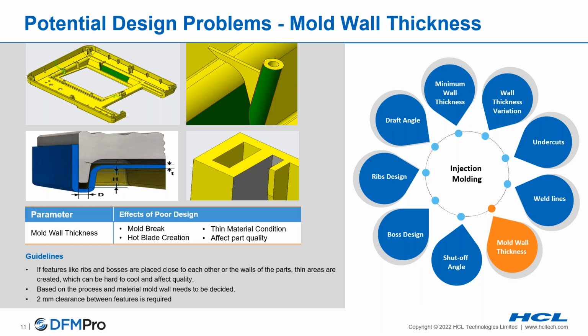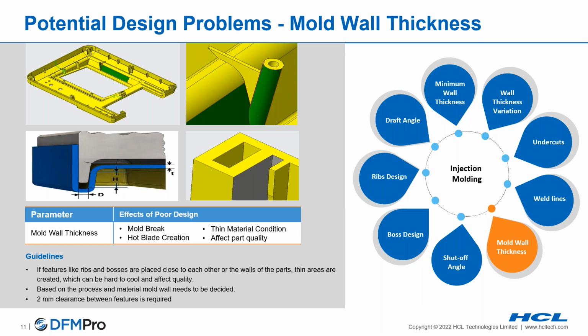Next one is the mold wall thickness. Many times designers will miss this design guideline because it is related to the mold wall design. Mold wall thickness is one of the critical issues. It is due to the spacing between various features in the plastic parts. Ribs and bosses that are placed close to each other, or walls of a part very near to each other, will create thin mold wall conditions. Thin molds easily break and frequently wear.